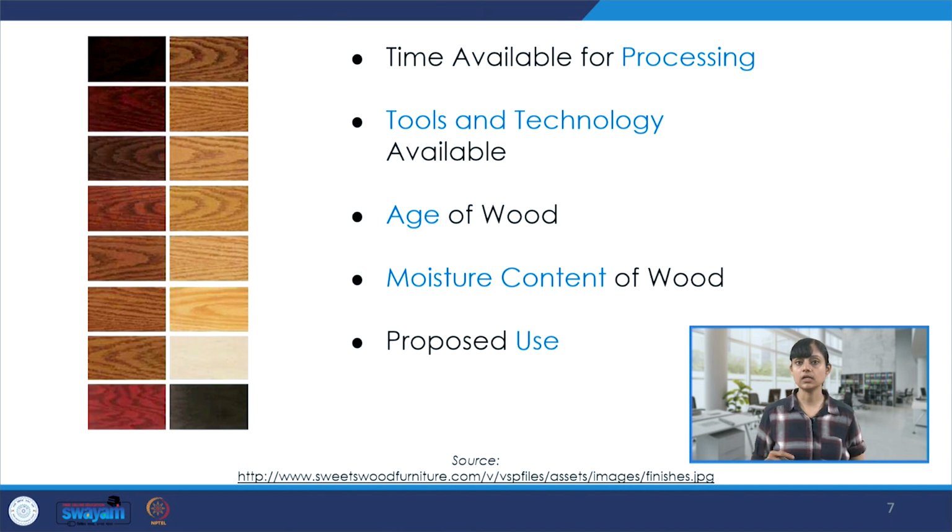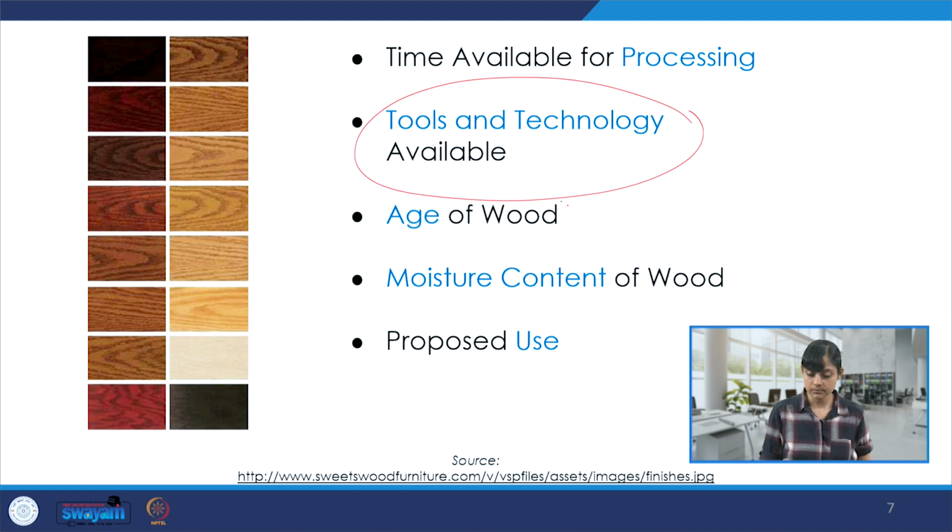And then what is the time available for processing? What are the stages of processing that have been incorporated? And what are the tools and technology that are available while working on these different kinds of woods? And what are we specifically employing for the projects that we are working on as designers?